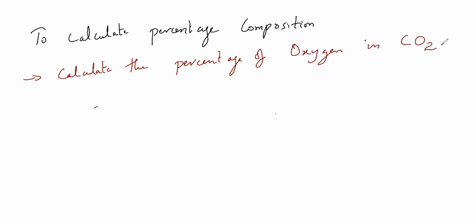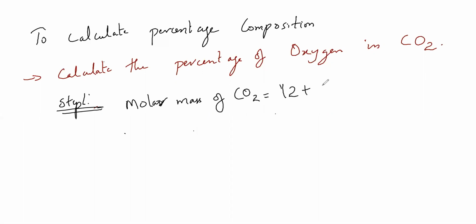Step 1 for us should be what? What is the molar mass of carbon dioxide? Carbon we know is 12 plus oxygen, 16 into twice. So we get 44.